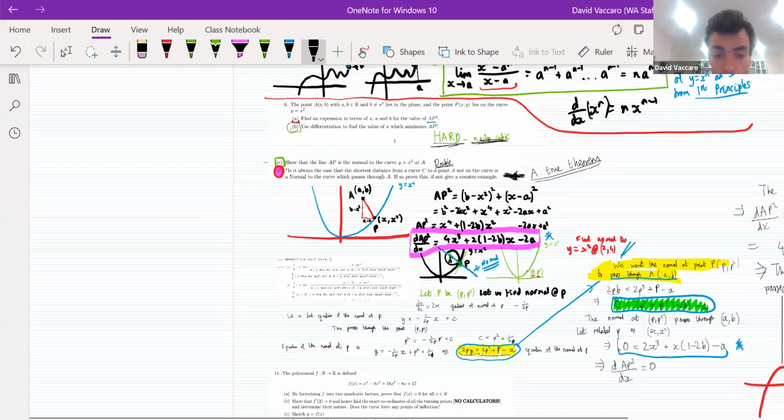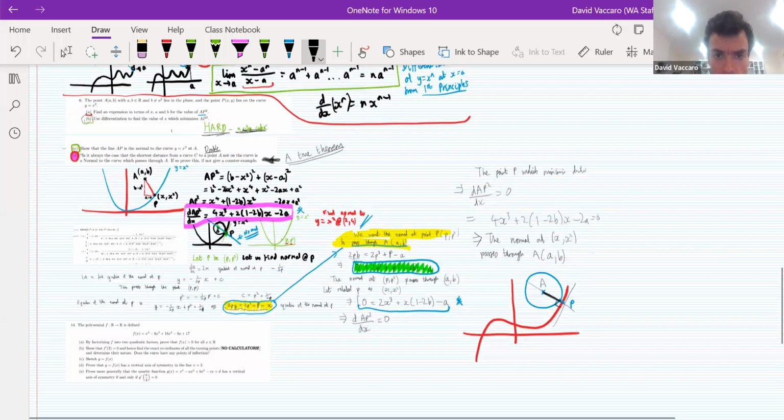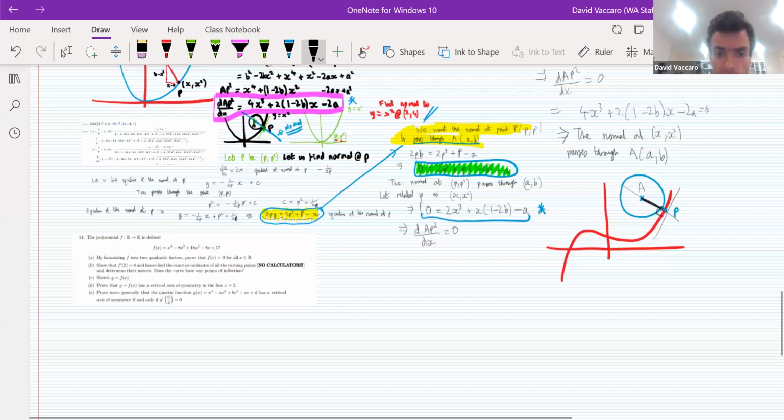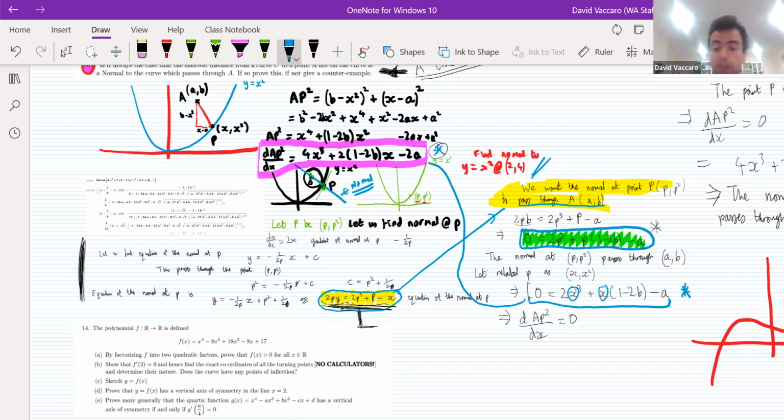polynomial. Okay, but the working of this question was really a lot of differentiation. So differentiation to find this condition on the point which minimizes the distance, then quite a careful calculation to find the equation of the general normal, and then getting the condition of the normal that passes through the point AB, and then lo and behold, that turns out to be the same condition on the x value as the derivative gives here.